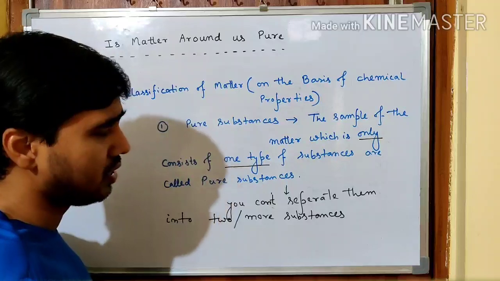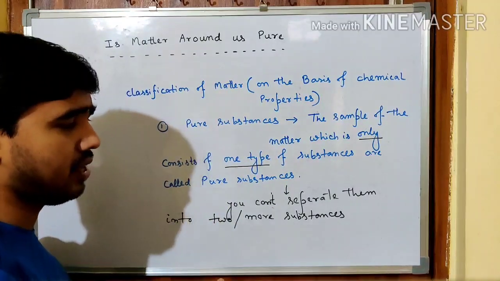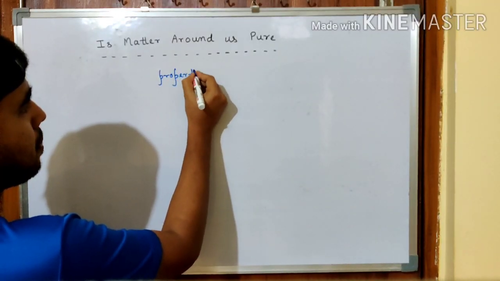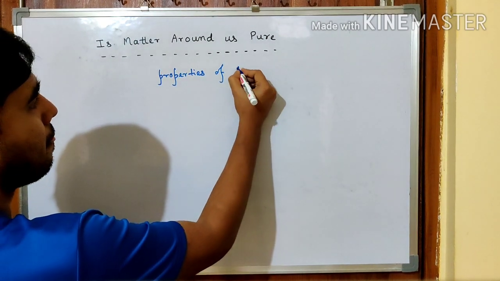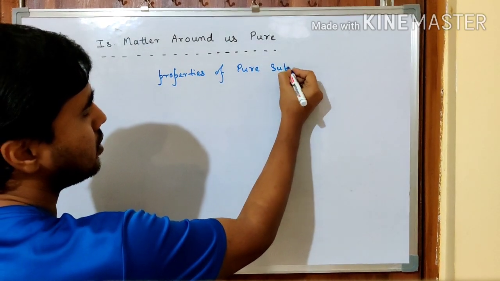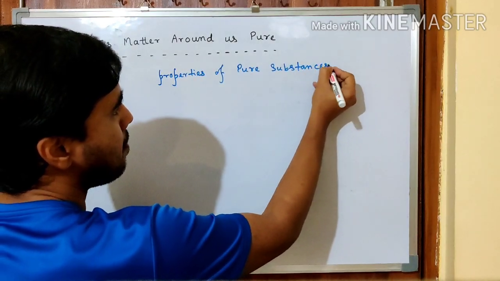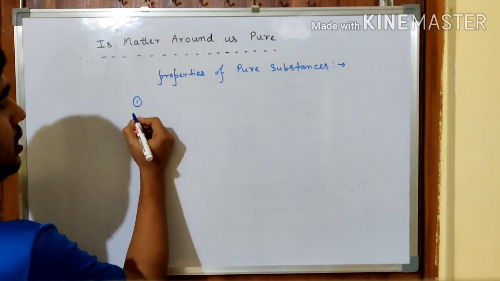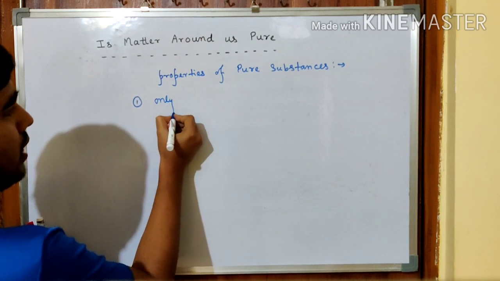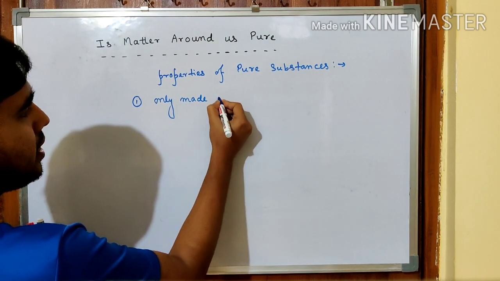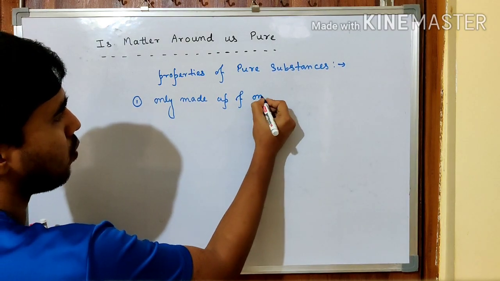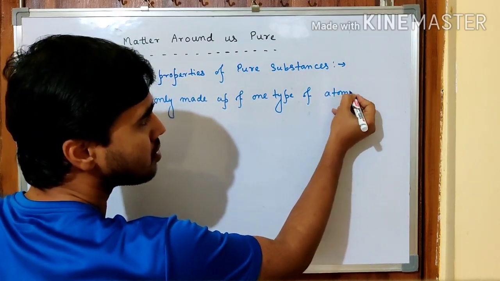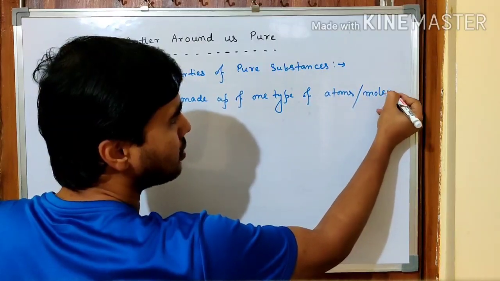Sodium chloride also. And if we revisit the properties of pure substances, the first property is that it is made up of only one type of atoms or molecules.